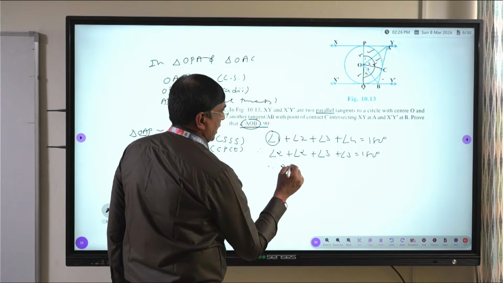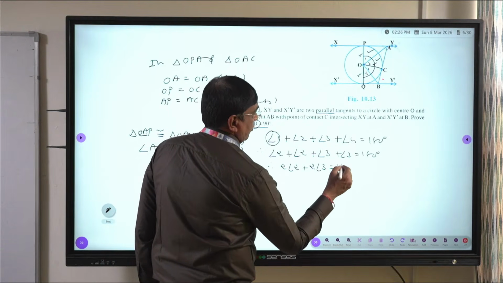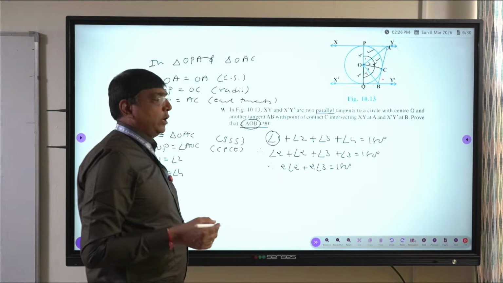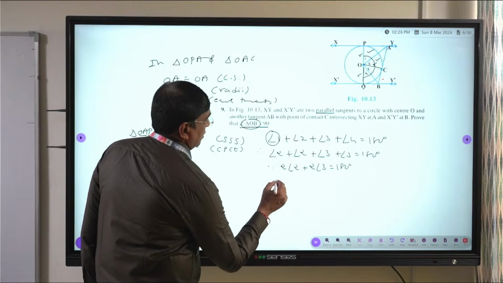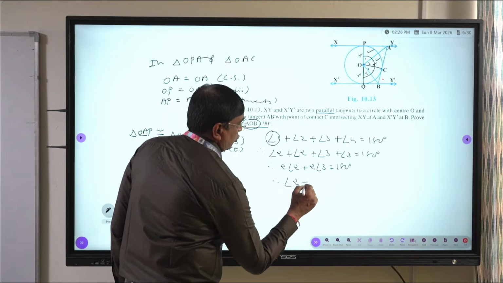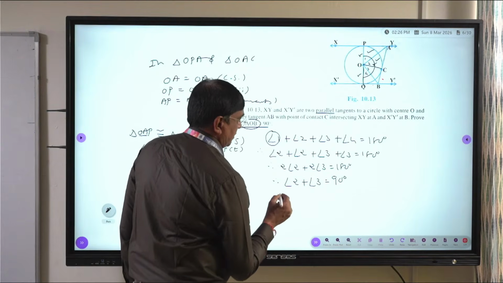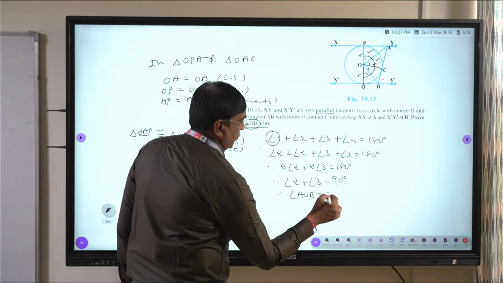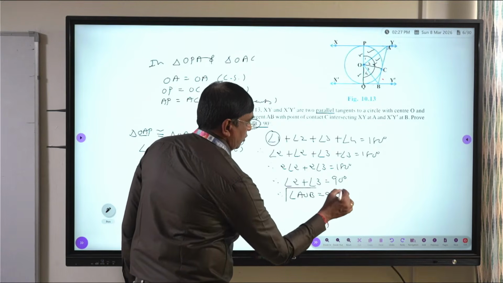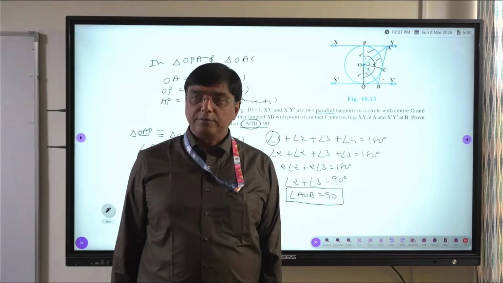So it is 2 times angle 2 plus 2 times angle 3 equals 180. Whole equation divided by 2 gives 2 plus 3 equals 90. But 2 plus 3 is nothing but angle AOB, and so we prove angle AOB equals 90, the required result.